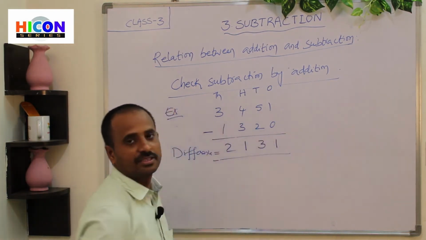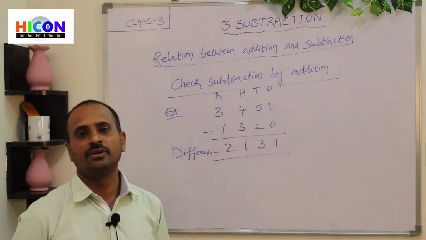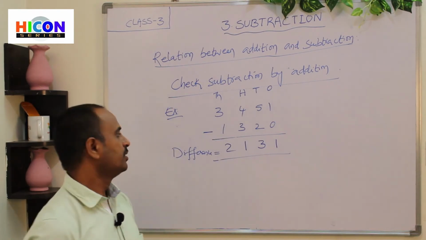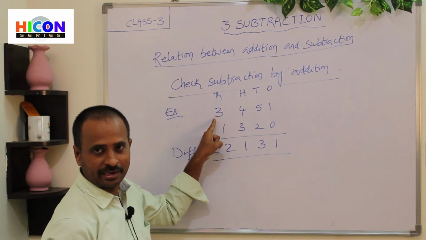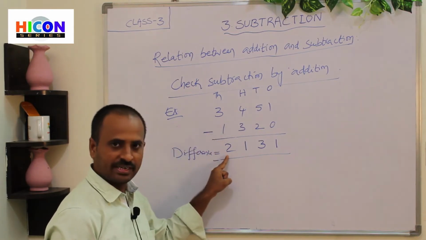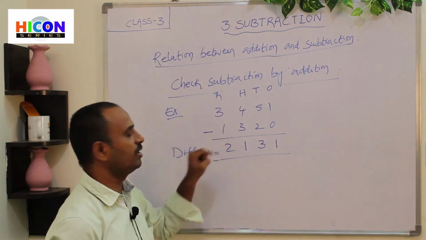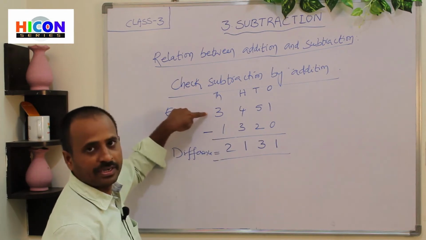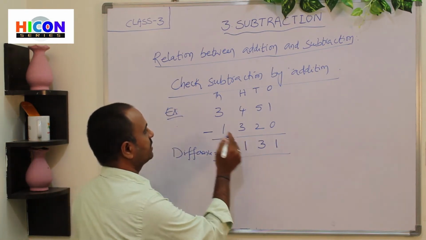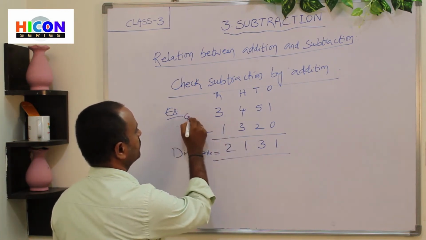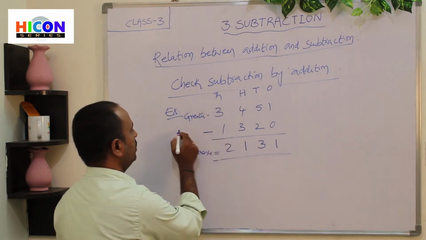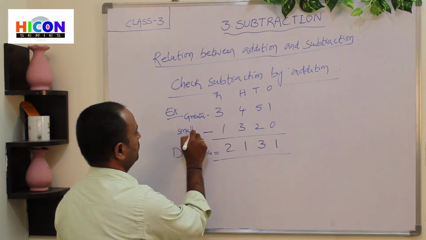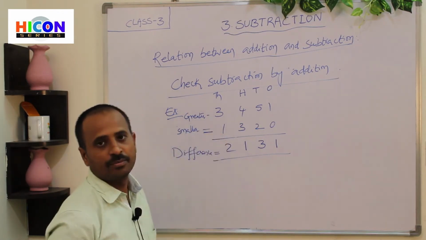Add the greater number to the difference, then we will get the smaller number. Here the first number is the greater number, and this number is the smaller number.